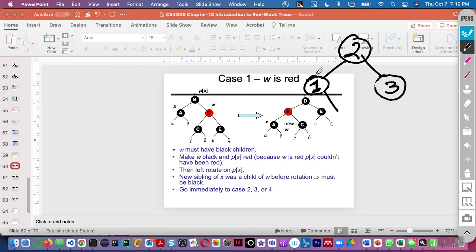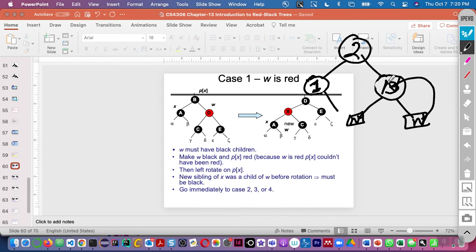How about if you want to delete either 1 or 3? A black node, you want to delete a black node, right? Okay. So for instance, if you want to delete 3, we know that 3 has a null type child. So this null will go to 3.